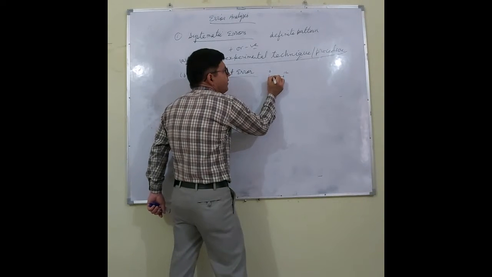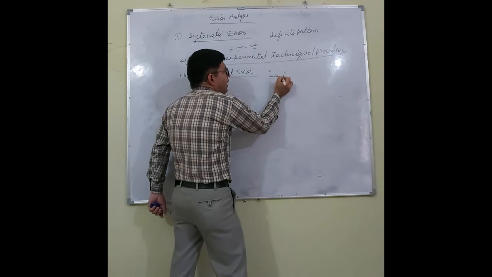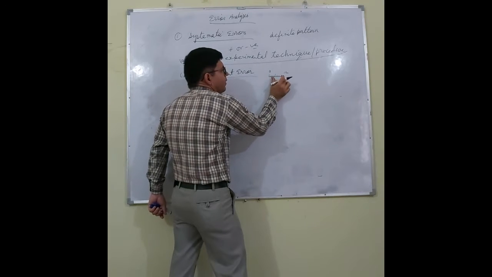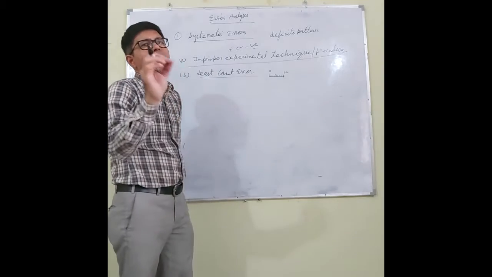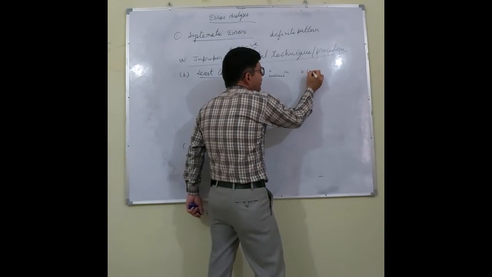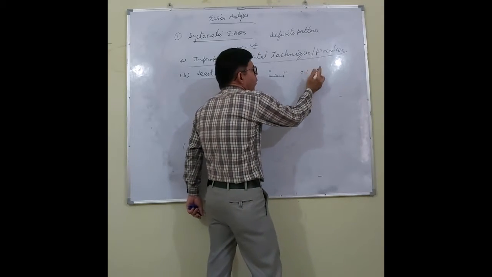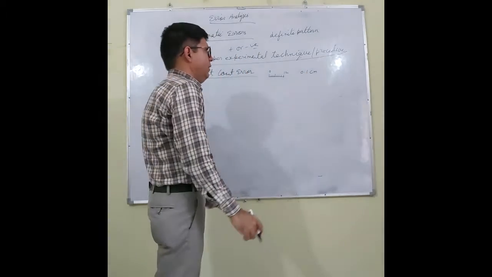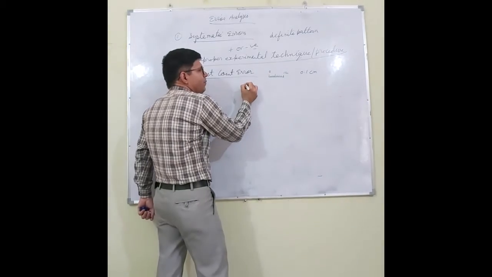How many divisions are between 0 and 1? There are 10 divisions. So, what is the minimum length you can measure? The minimum length you can measure with this scale is 0.1 centimeter.